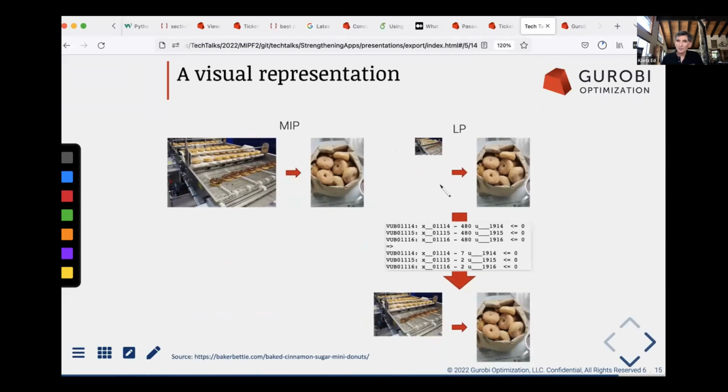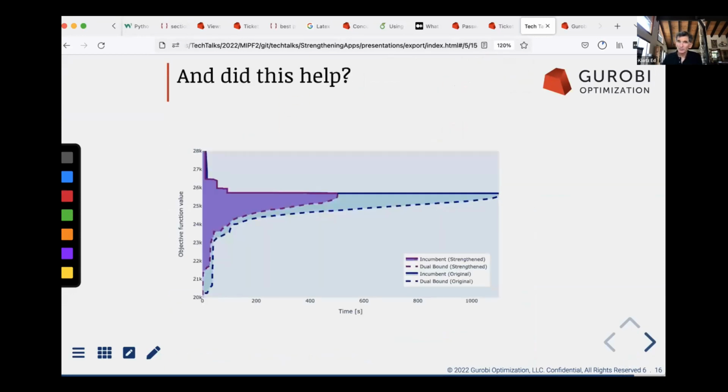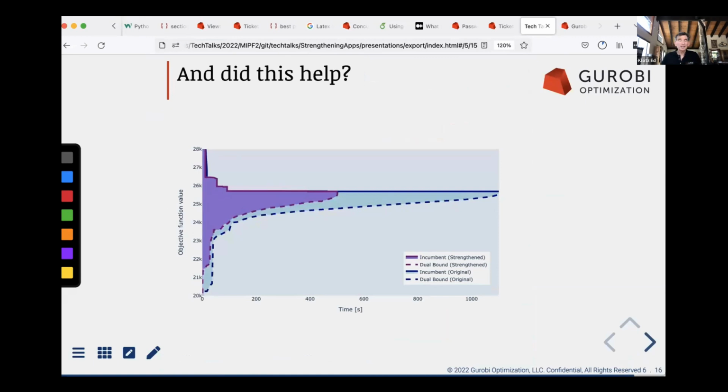So just visually, what this says is by tightening it, we made the production machine much more closely connected to the real production machine than it was before. And not surprisingly, this did help. And we see this here.